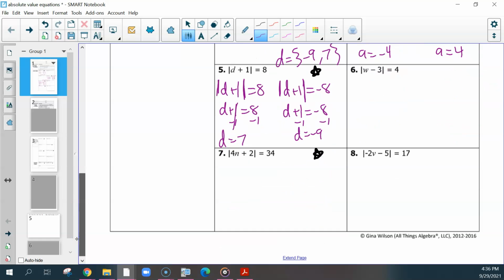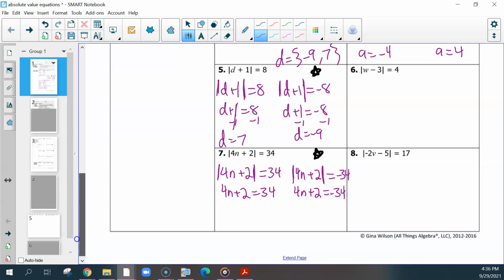For number 7, same thing. There's nothing on the outside of the absolute value signs. So I can set the inside to a positive and a negative. I cannot combine 4n and 2, so I can drop the absolute value signs and solve.